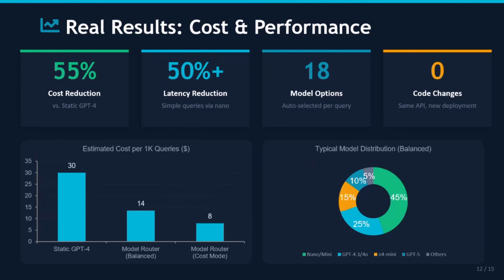So static GPT-4, $13 per 1,000 queries. Model router in balanced mode is $13.50. And for the cost mode is around $8, sorry. That's real money at scale. And the numbers show you why 40% of queries go to the cheapest model. The router is smart about not overspending.